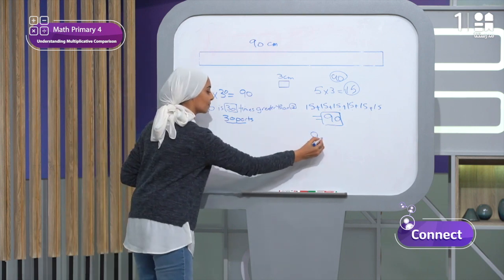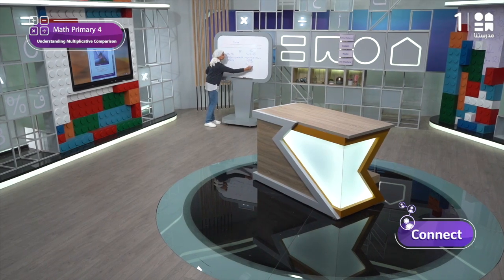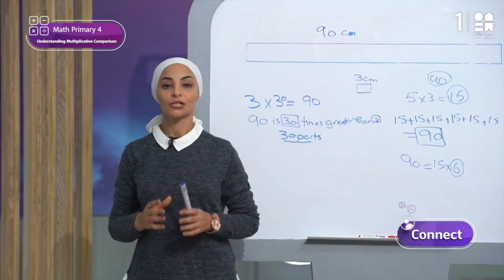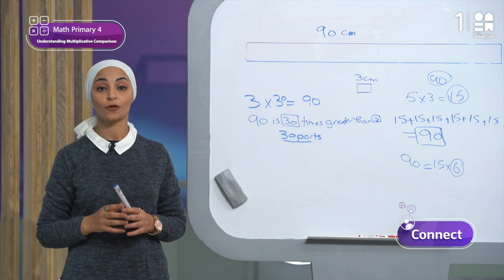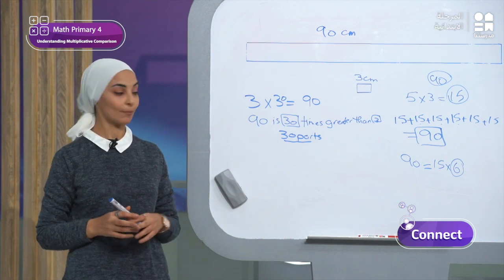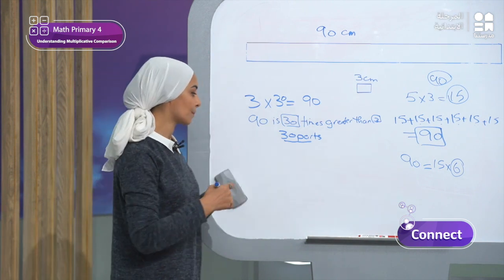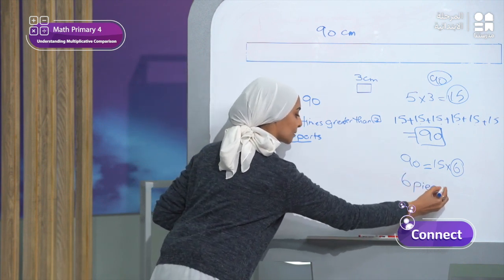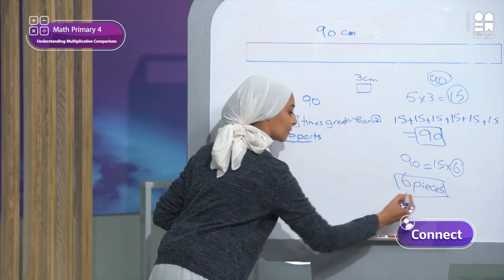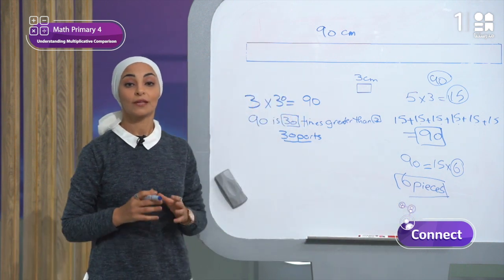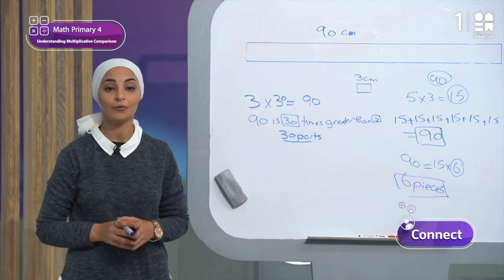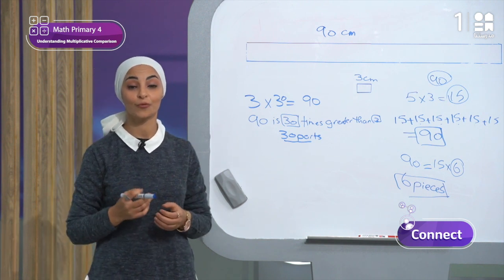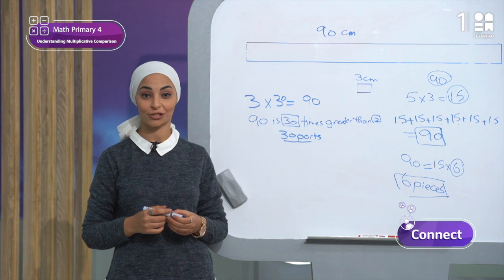So we need 6 pieces to form the seat belt. Okay, so I now need 6 pieces to form the seat belt. Okay, thus we have learned to compare numbers using multiplication and how this is very important to understand number relationships.